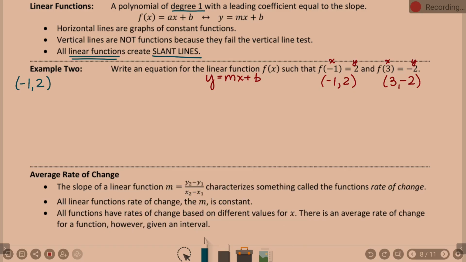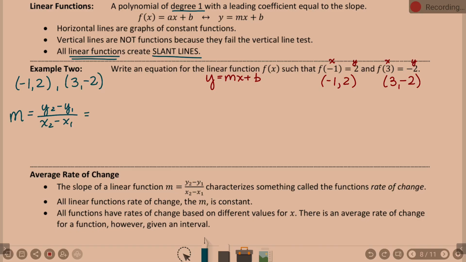So with that in mind, we have negative 1 comma 2 and 3 comma negative 2. How do we find slope? Rise over run. If I have a graph, I'm going to rise over run. Since I'm looking at ordered pairs, it's y2 minus y1 over x2 minus x1.